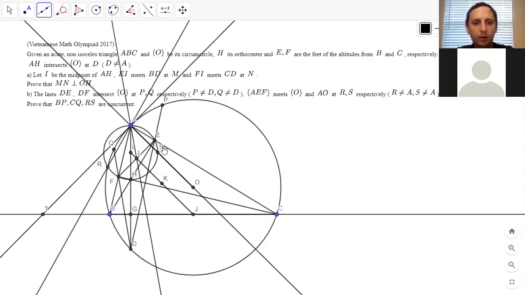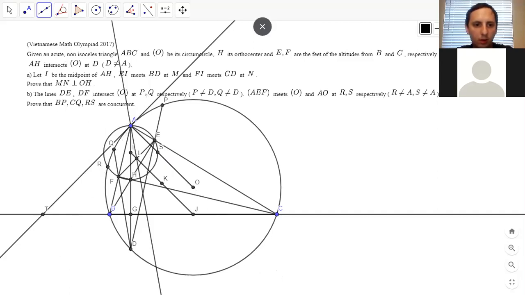But we don't know yet that R, L, and S lie on a line, right? But I guess if they did, then we could project it. I think what I said is not useful. Right, it's okay.